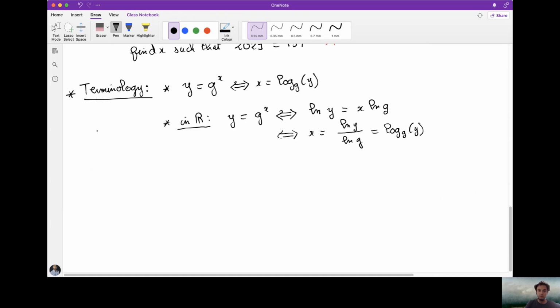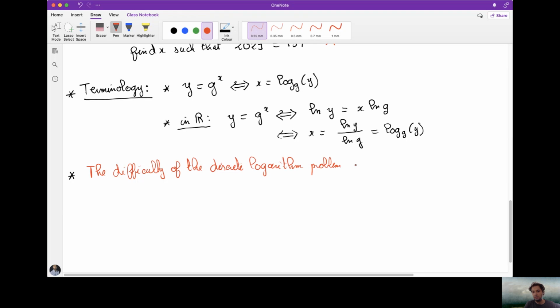The second point that is quite important, and let me just write this down in another color, is that in fact, the difficulty of the problem, of the discrete logarithm problem, depends on the choice of the group. On the choice of the group.